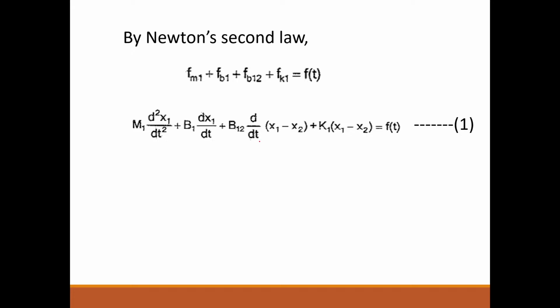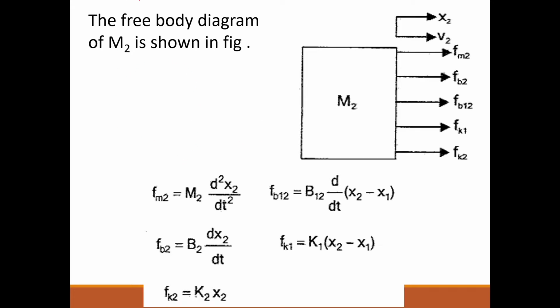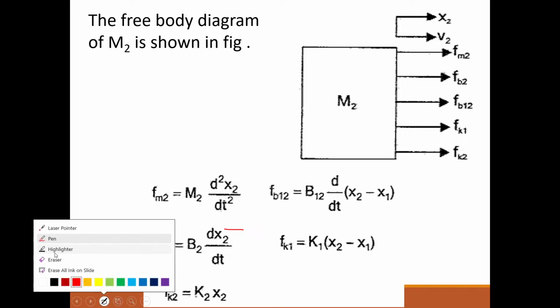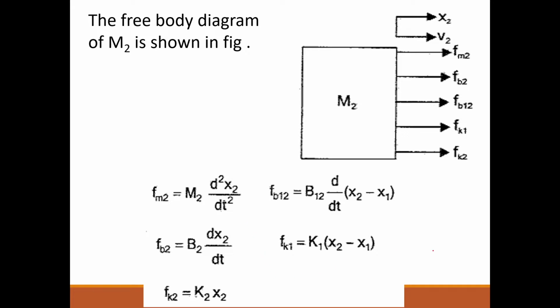Okay, completed. Now let us draw the free body diagram of mass 2. In your actual question's main diagram, there is no applied force at mass 2, so all are opposing forces.